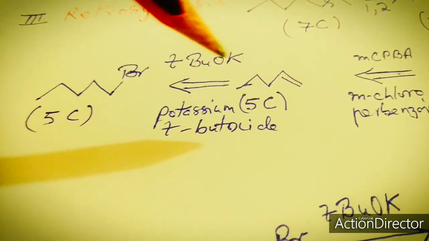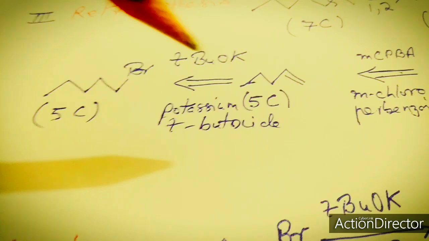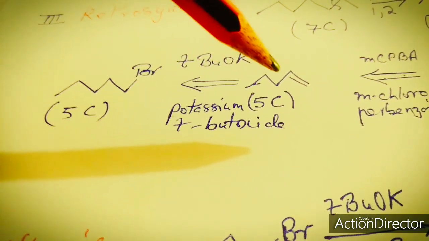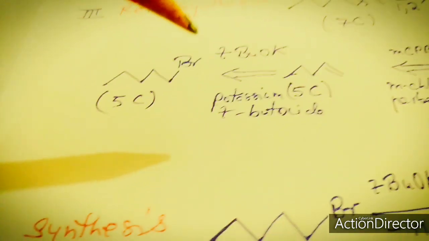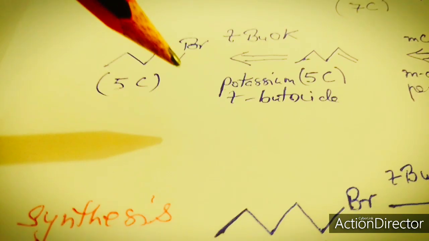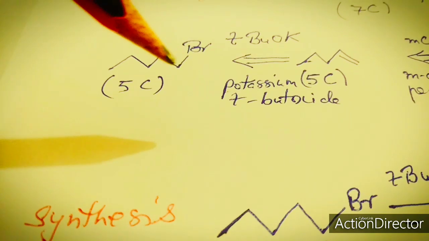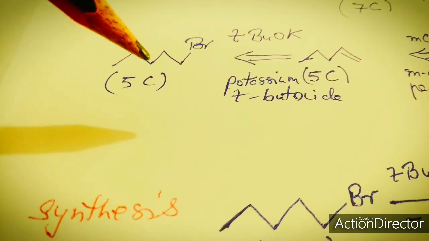So this is therefore written here, because this will be the step we'll be taking going in the forward direction. And ultimately what we get is H and Br. So with potassium tertiary butoxide, we will be getting this type of derivative. Now again 5 carbons.